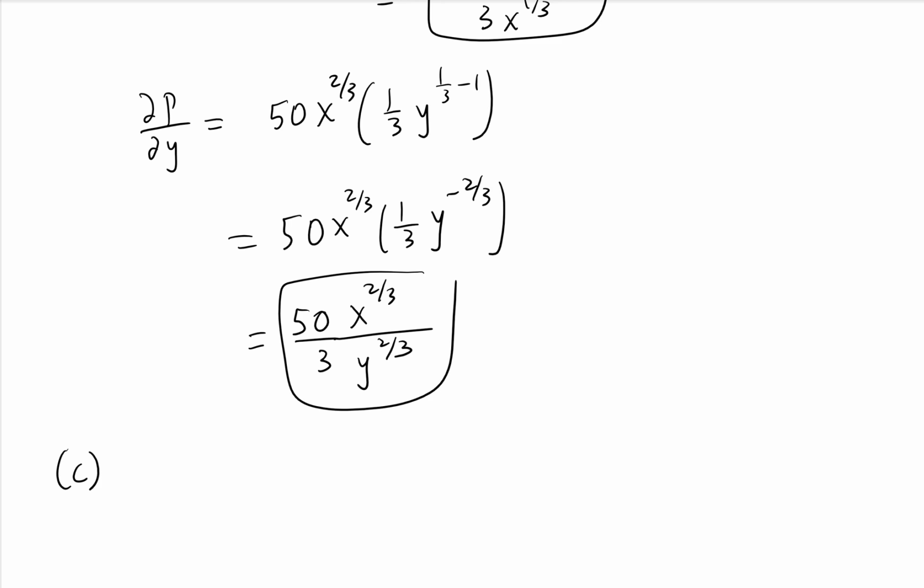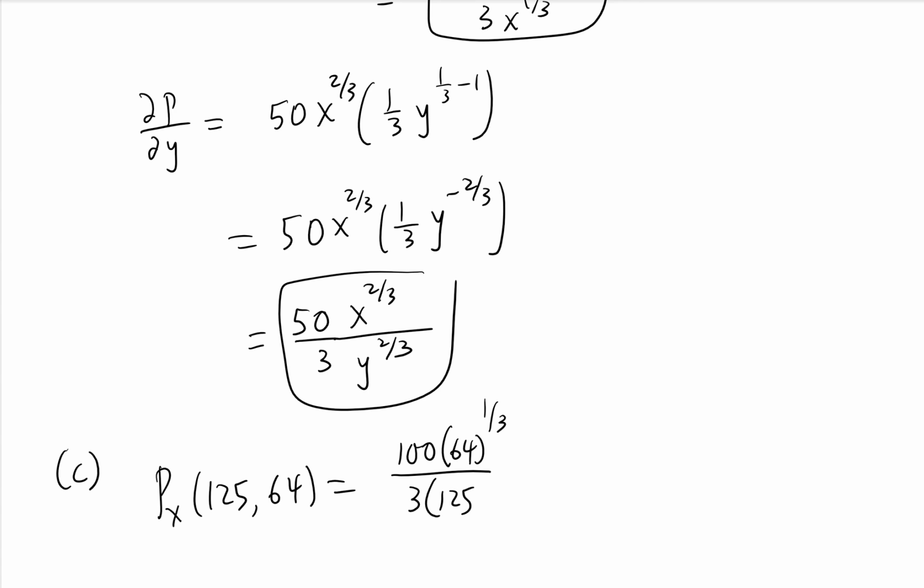Part C, they want us to evaluate what we just got, P sub x at 125 comma 64. If you go back to the answer we got earlier, the 100, and there was a 3 here, there was a y to the 1/3 and x to the 1/3. If you do it on the calculator, this will give you 4, this will give you 5.